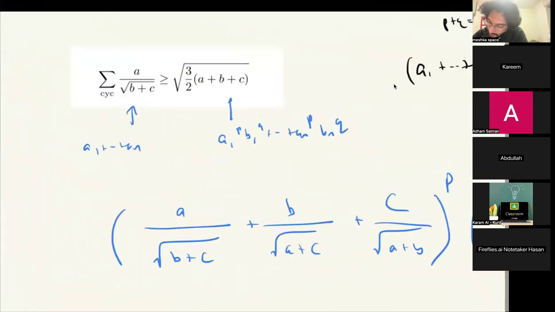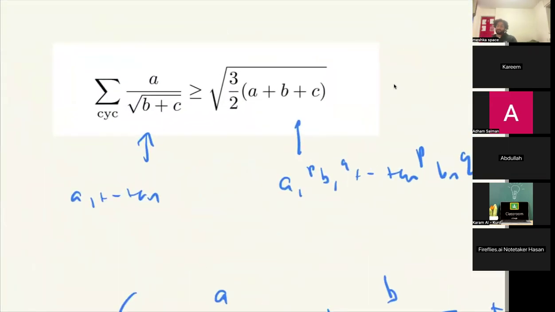Start with this one. Can you solve this with Jensen? It's a little weird, right? I don't know what to do with any of this stuff, they're all very multivariate functions.